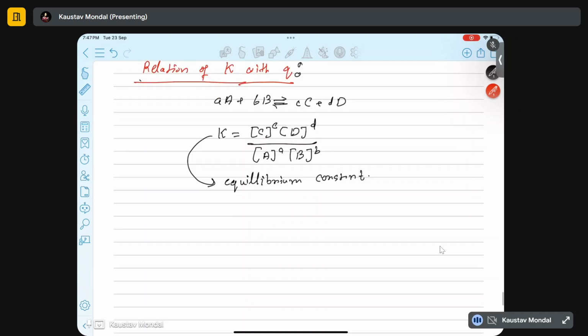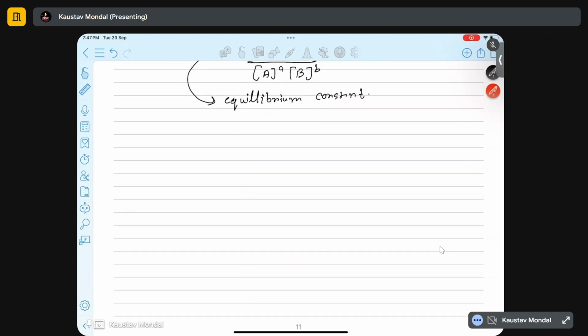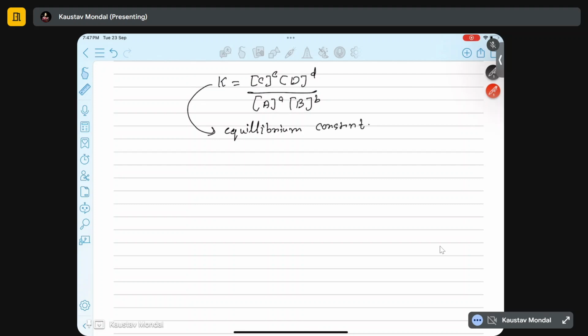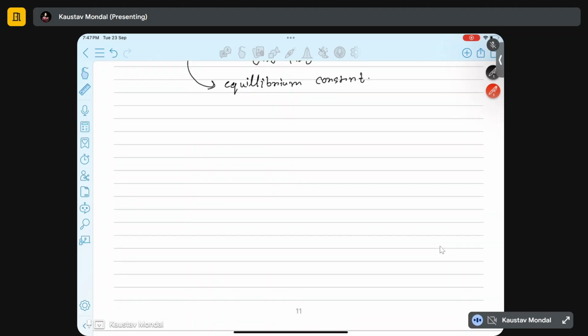So for that, first we will write the expression of the change in the Gibbs free energy using classical thermodynamics.